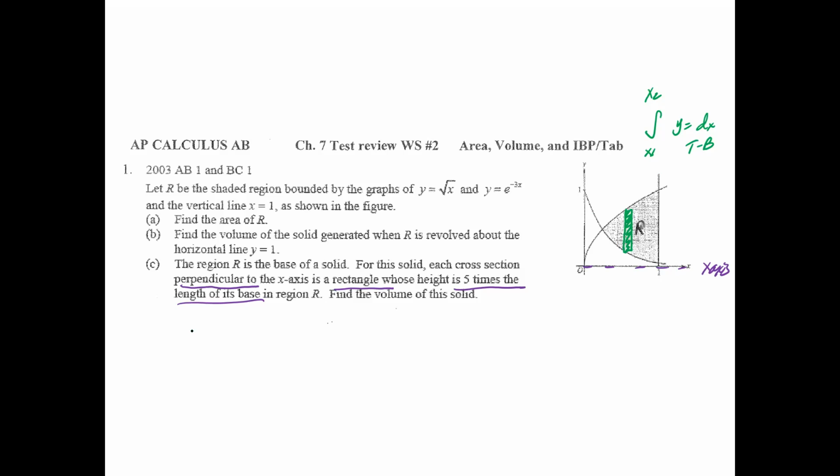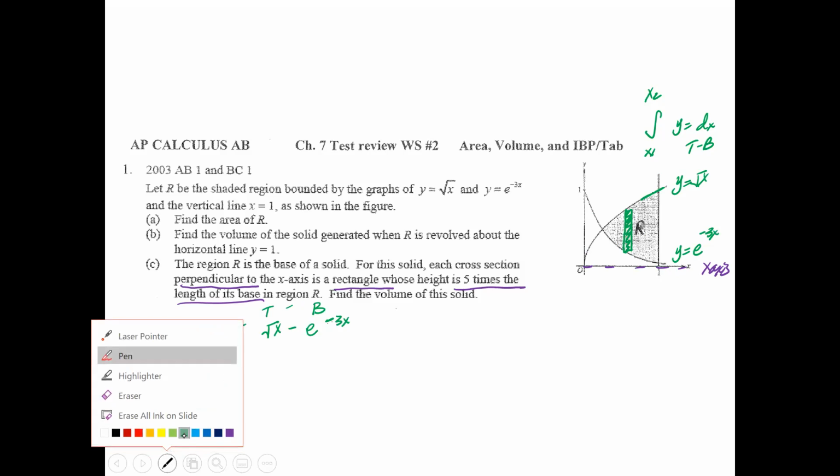In addition to that, remember you need to find the base of the rectangle. So here is your base, or here's your rectangle. And the base is going to be a top minus bottom. Your top here is y equals square root of x. Your bottom is y equals e to the negative 3x. So top minus bottom is square root of x minus e to the negative 3x.